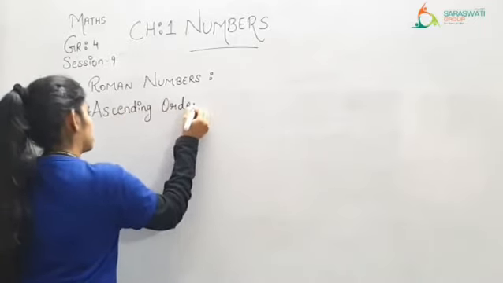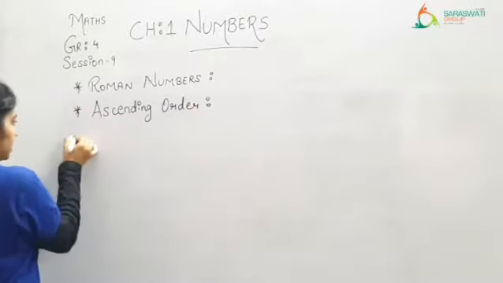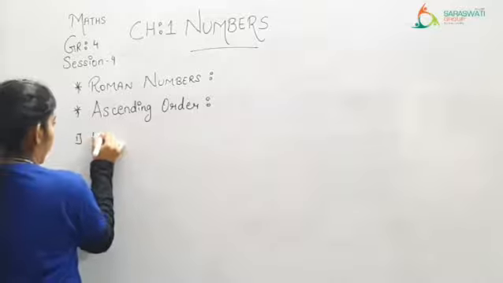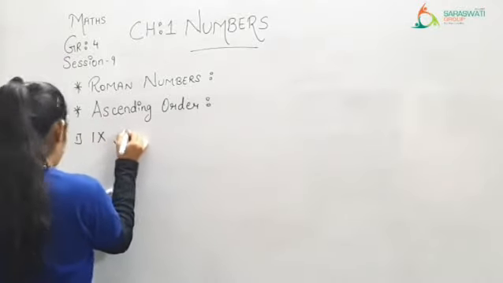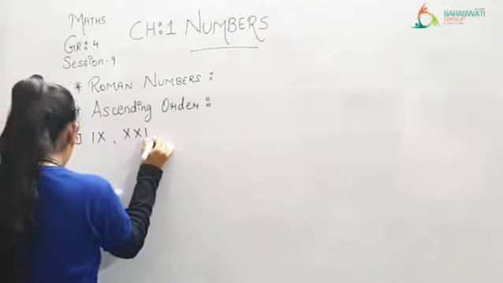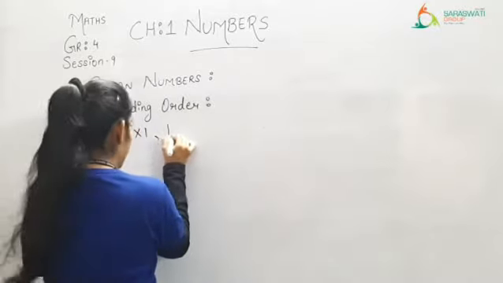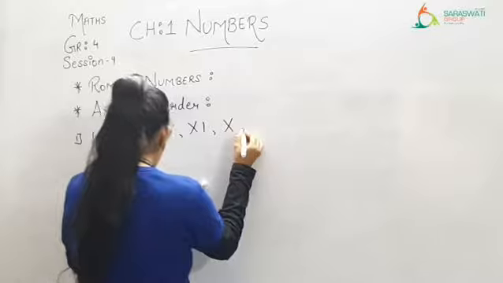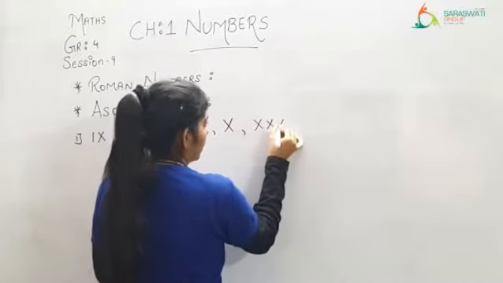Ascending order. In that, number 1 is IX, then XI, then I, XI, X, and XXXI.